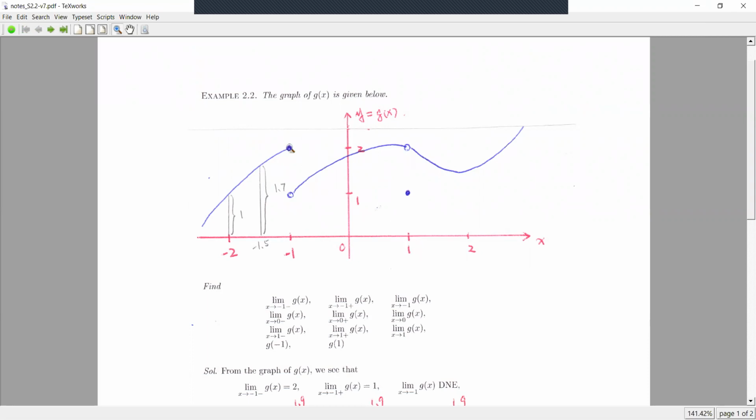Solid point. Its height is the function value at -1. Open point. Its height is the limit of the function when x approaches 1. Open point. Its height is the limit of the function as x approaches -1 from the right side.